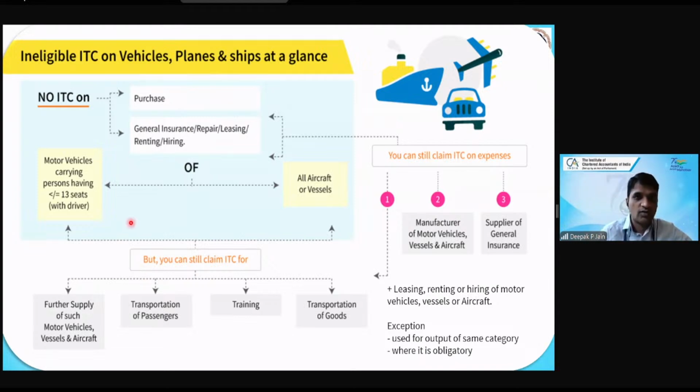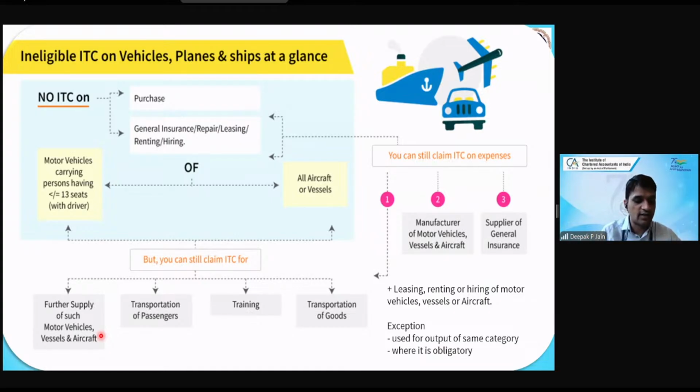So the next part is, motor vehicles and vessels you won't get, but you can claim ITC for further supply of such vehicles. You are a distributor, a showroom person who is buying cars. You're not buying cars for your own purpose, you're buying cars and selling.